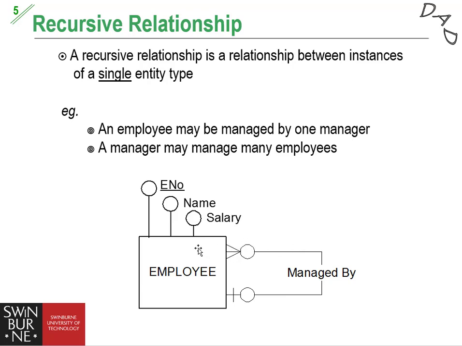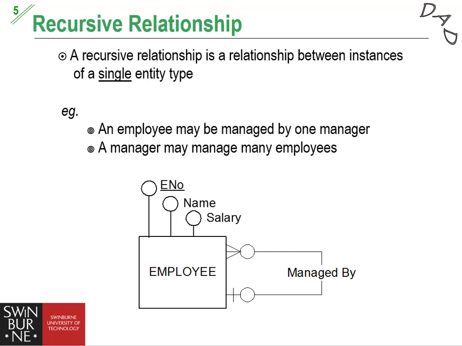And one employee can be managed by only one employee. So that is what we mean by this relationship. So there is a one-to-many relationship between the instances of the same entity, because the manager is also an employee.